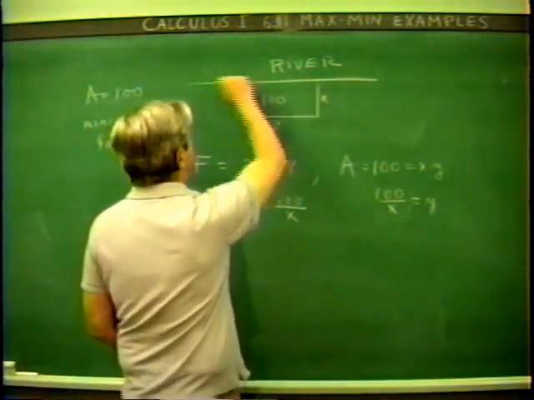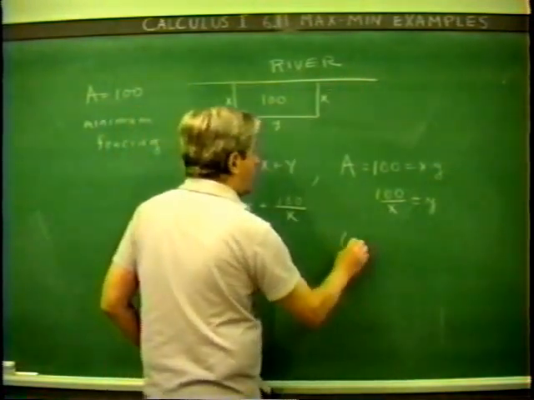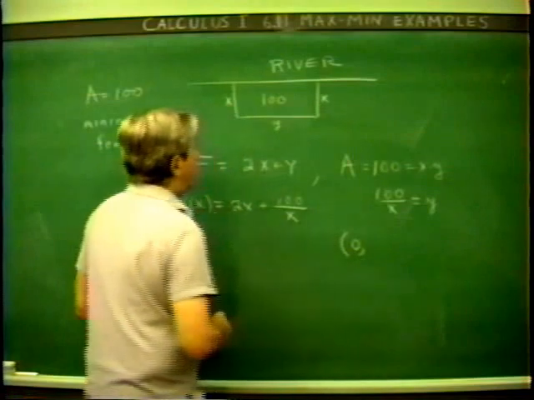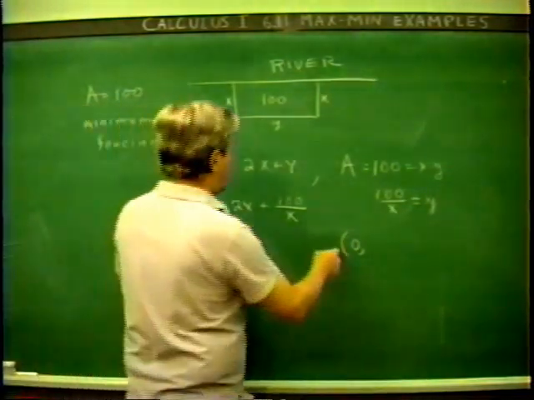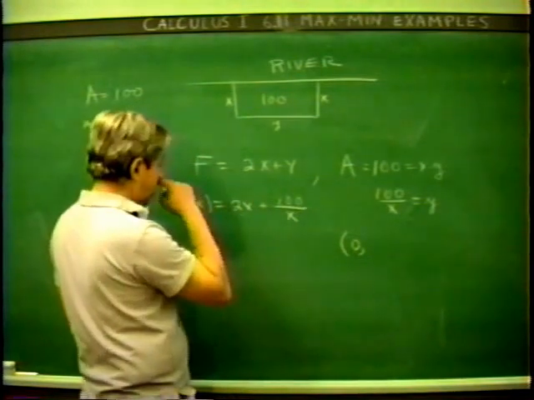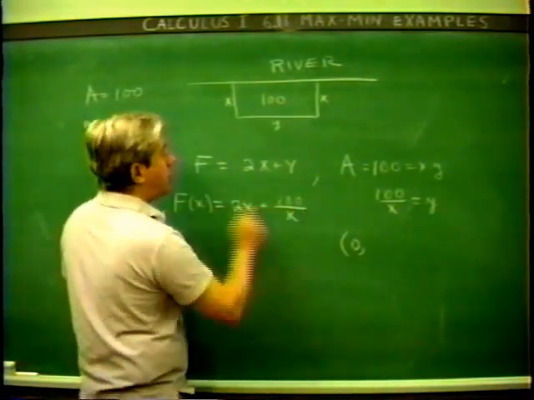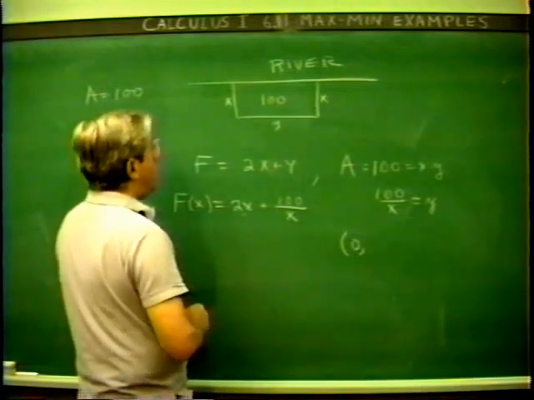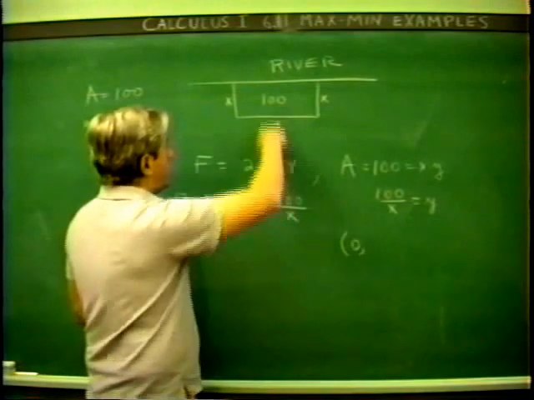Now what's the interval on which this makes sense? Well, x could be very small, in which case you'd run this very long along the river, so all the way down to 0. And we could actually consider this as including 0 here, although it doesn't make sense because the amount of fence could be infinite, or if you like, this could be very large as x gets close to 0.